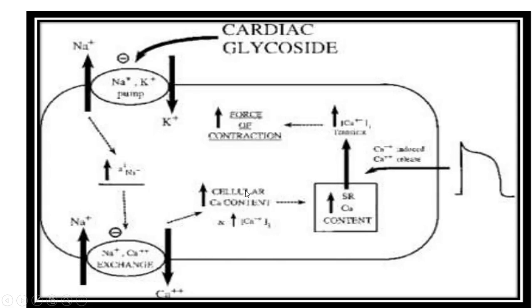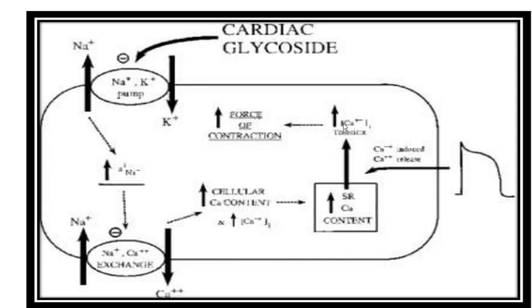At the same time, the sarcoplasmic reticulum releases calcium. So the net effect is that we have more and more calcium inside the cell. And whenever calcium is more inside the cell, it will cause increased contraction of the cardiac muscle. Force of contraction increases.